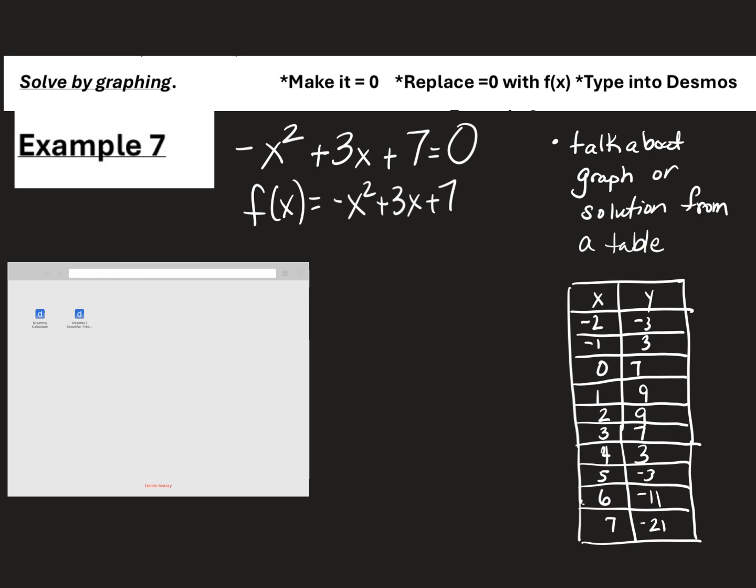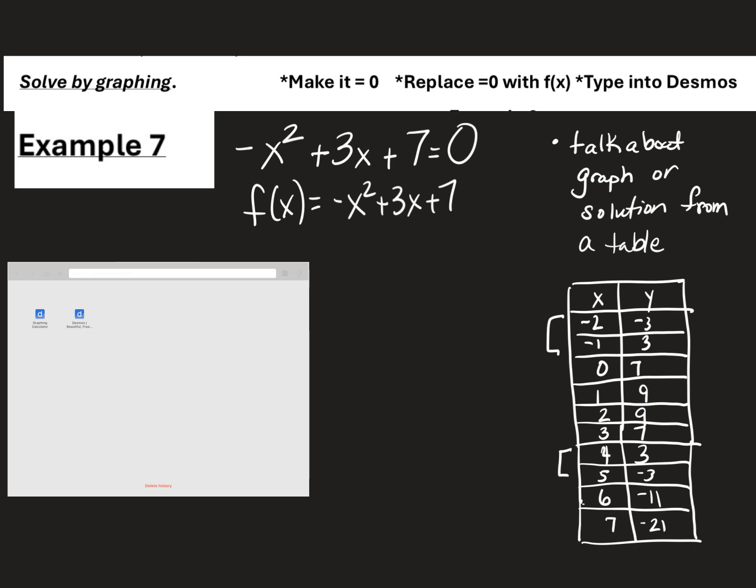And I want to show you what happens. If you can recall, a minute ago, I said that the solutions were between -1 and -2, and also between 4 and 5. Now, how can I tell that by looking at a table? Well, you can tell where the sign changes, from negative to positive or positive to negative.